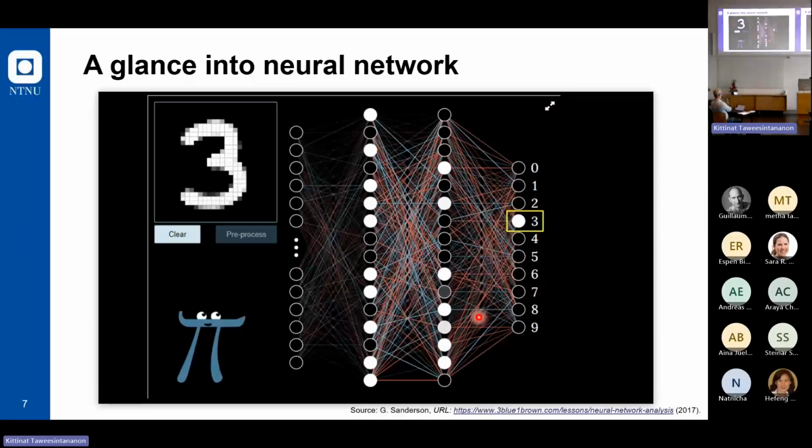So first, I need to give you an idea of what machine learning is doing, especially the technique called neural network. For example, if we have a handwritten number on this board, each pixel has some kind of amplitude level of how intensely you drew the number on the board.